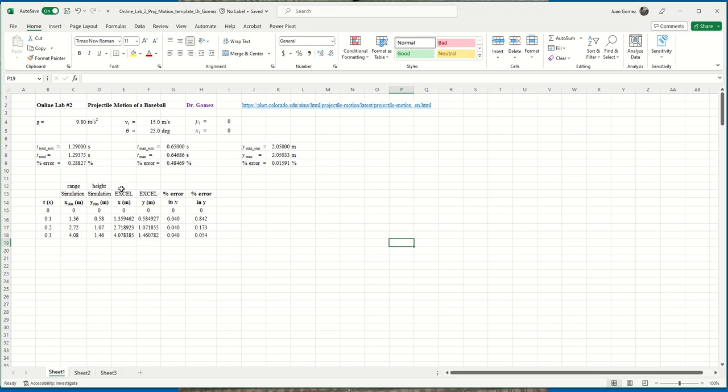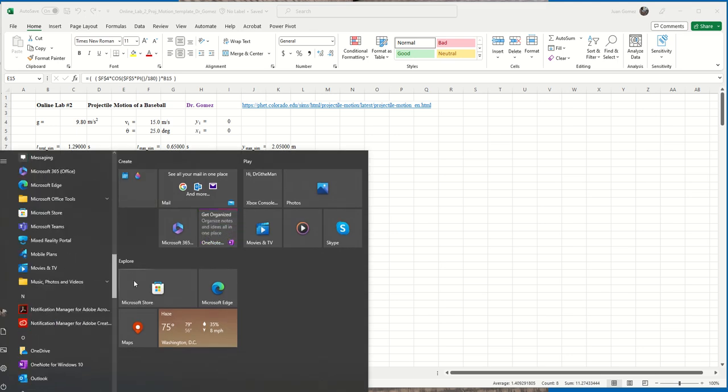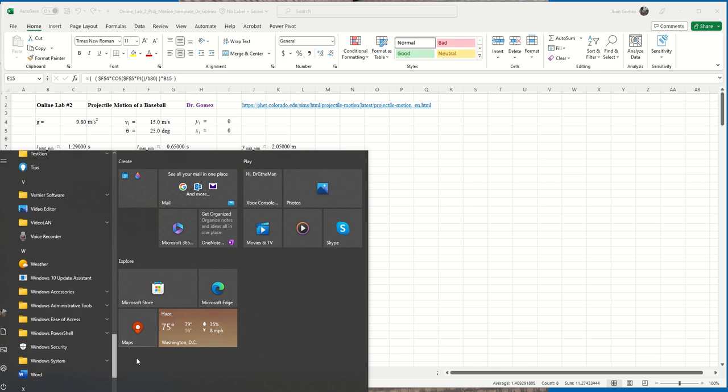And again, where am I getting this calculated value? This column is calculated. Where do I get those? Well, that's from the projectile motion equations, which for sheet one, I've entered in for you.